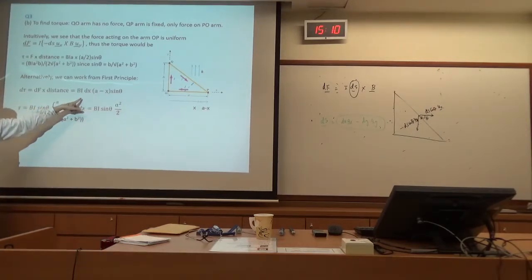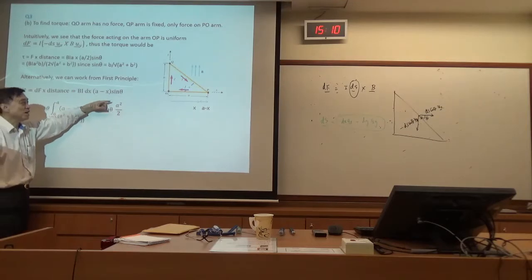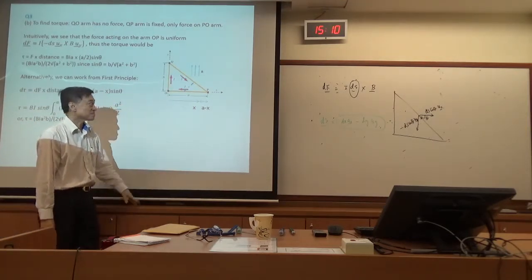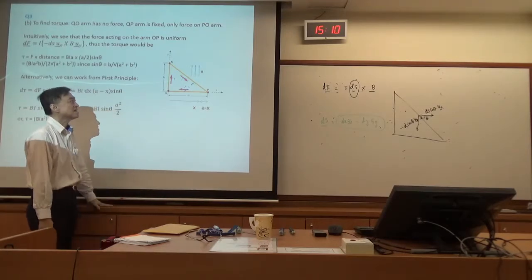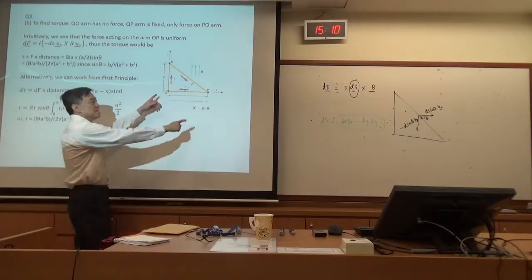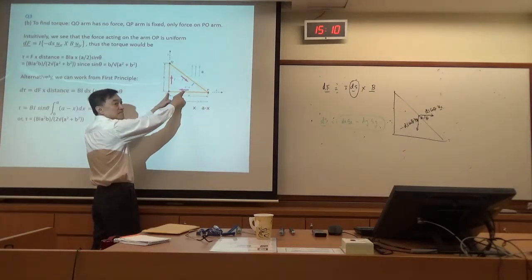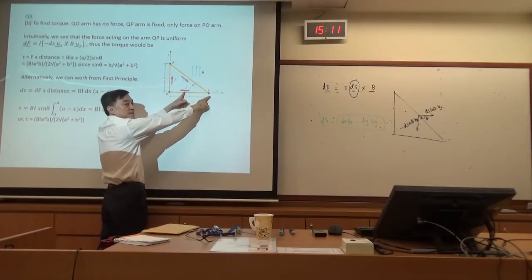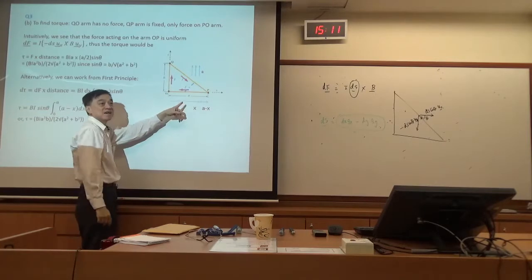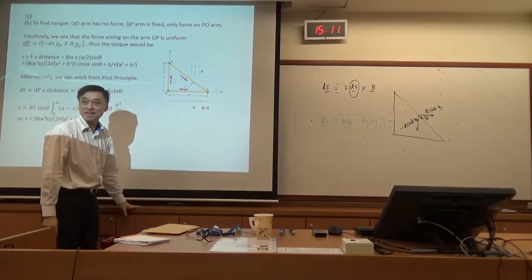Now this one, can you see why this distance is (A minus x) sine theta? This is A, this is x, this is A minus x. This angle is theta, so this is (A minus x) sine theta. Trigonometry.